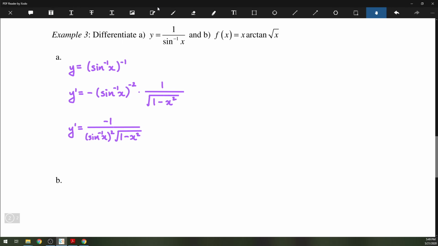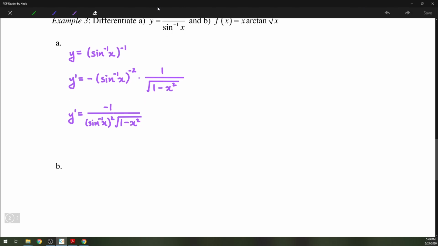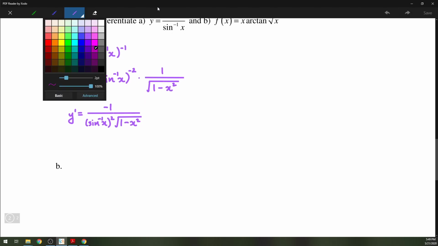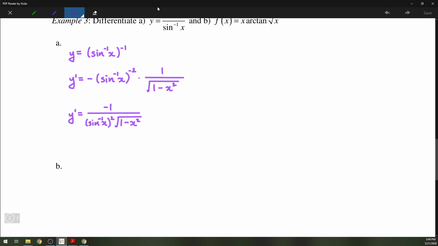We have the arc tangent expression. Let's look at what we have. Not much simplifying, so we're going to use the product rule in this case. So f prime of x is going to be equal to arc tangent square root of x, since we take the derivative of x and we get 1.